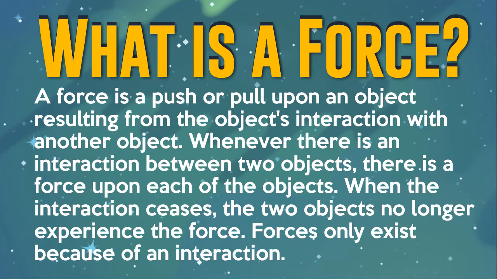The force will still either be a push or a pull upon an object, resulting from the object's interaction with another object. Whenever there is an interaction between two objects, there will be a force upon each of the objects. When the interaction ceases, when the interaction is gone, the two objects will no longer experience the force. Remember that force only exists because of an interaction.